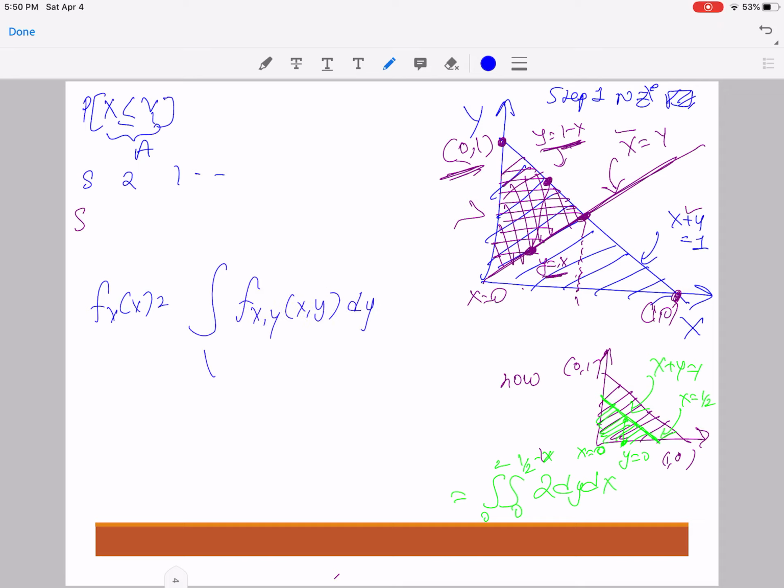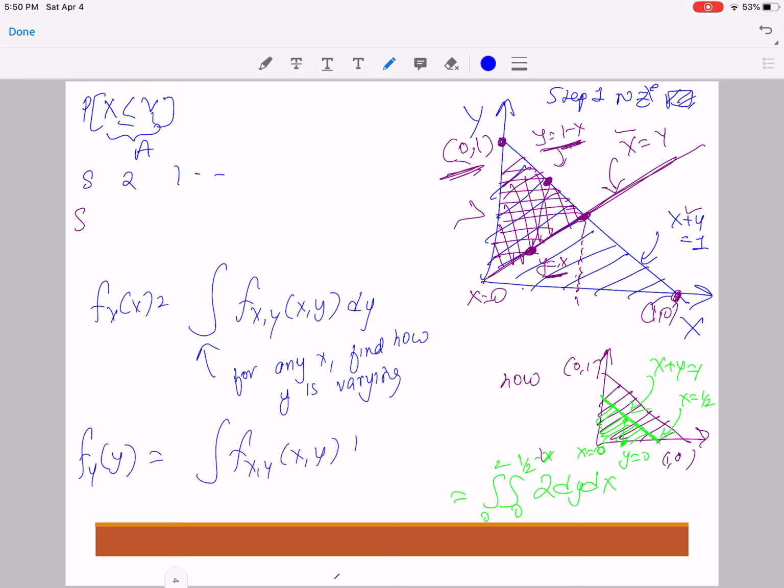So you'll find out the limits as, for any x, find how y is varying. And similarly, when you find f of y, this integration process starts all over again. And you'll ask yourself, for any y, find how x is varying. So these will give you the proper limits of integration.